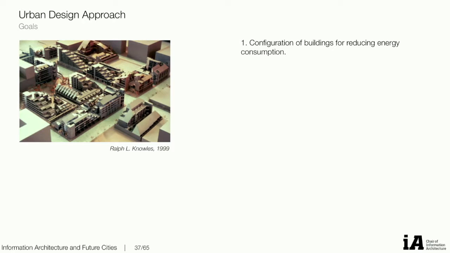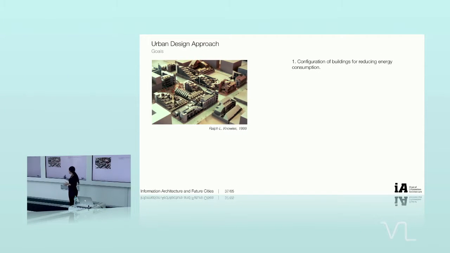So the goals in urban design or bioclimatic urban design, first, are to change the configuration of buildings for reducing energy consumption. In this case, it's more about how to design a configuration of buildings so that you don't obstruct, or that you enhance, the solar rights of the neighboring buildings, and how you can affect the neighboring buildings in particular.